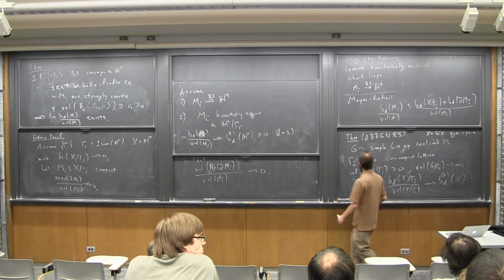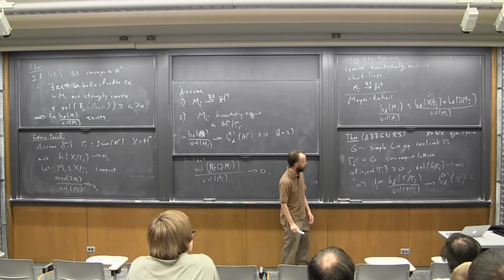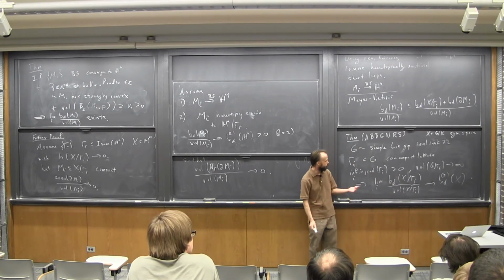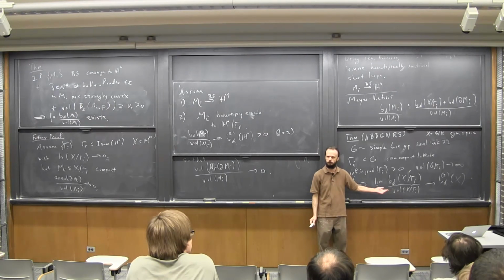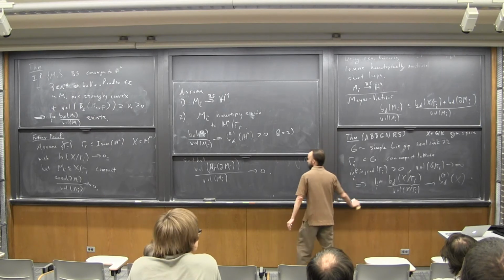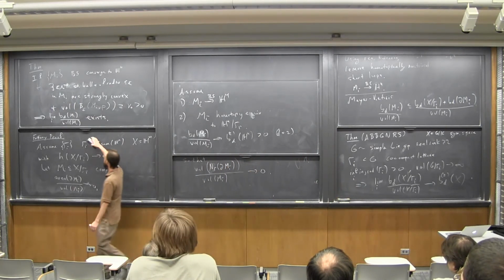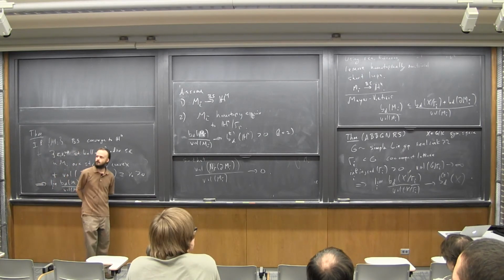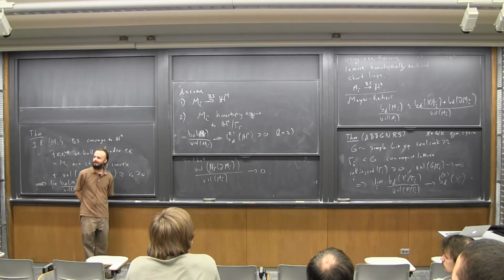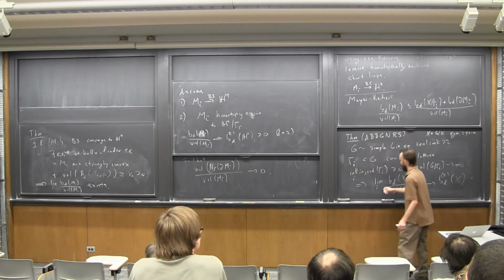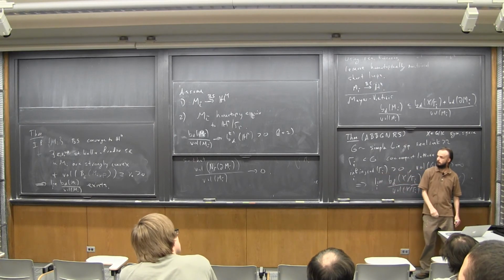The real trick here is simply to show that these X mod gamma_i's have to be Benjamini-Schramm converging to X itself. That's the main difficulty. This is the case where the injectivity radius is not going to infinity. But they're not going to 0.